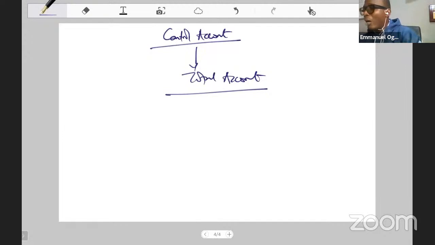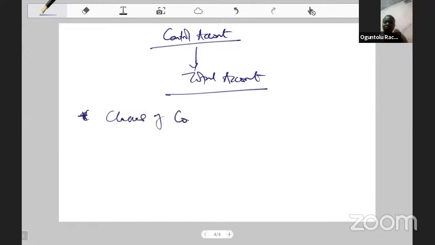A lot of people have asked why we need to prepare control account. In the exam, nobody is going to define control account or ask what is control account. Rather, what you can have in your exam is: control account can also be described as dash. What's the other name you can call control account? Total account. Now, there are categories, or classes, of control account.